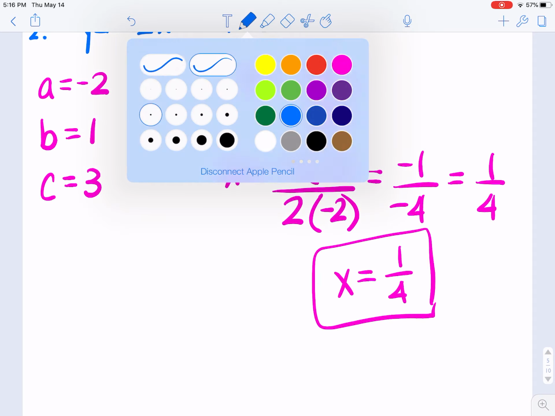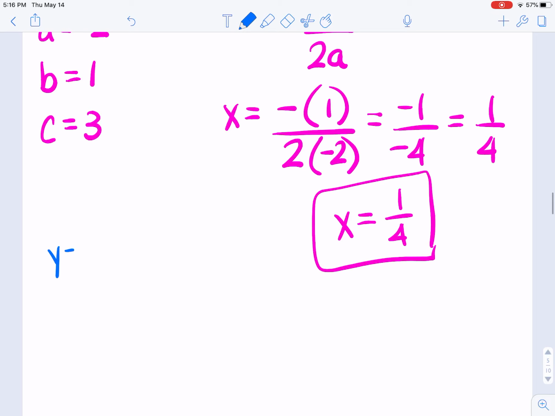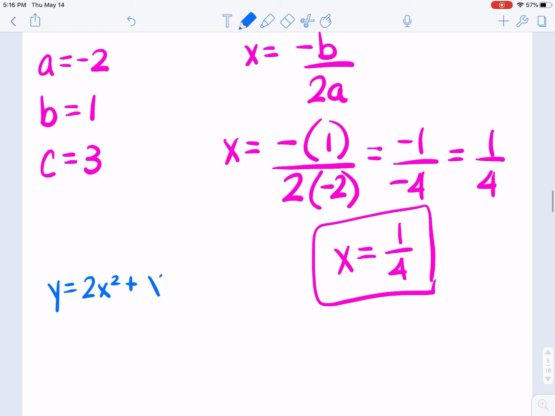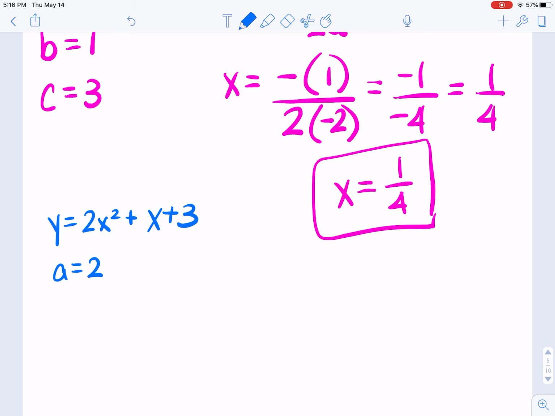Now, one thing I want to bring to your attention, if for some reason this same problem that I just did, let's pretend it was 2x squared plus x plus 3. Same problem, the difference is my A is positive this time. Or actually, I'm sorry, let me make this one. My B, I wanted the B to be negative. It's negative x, and my C is 3.